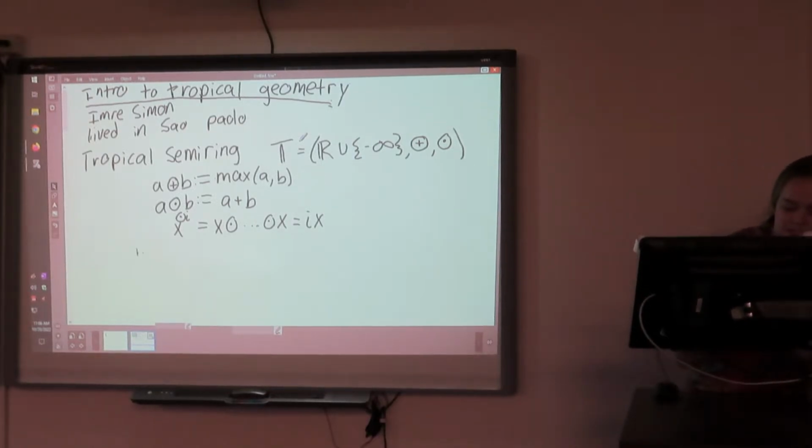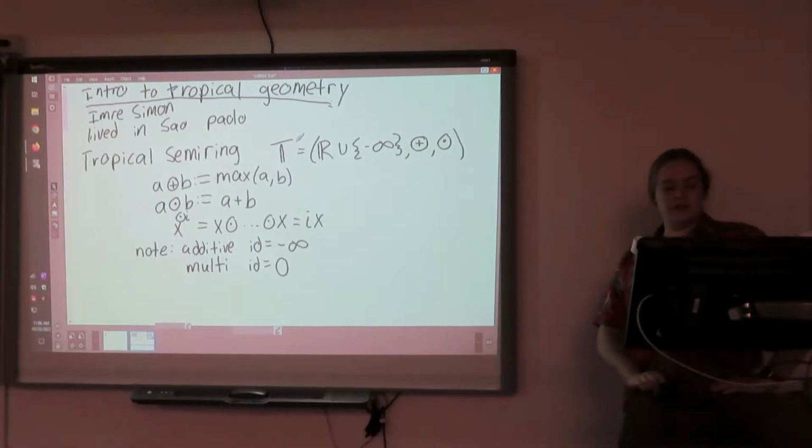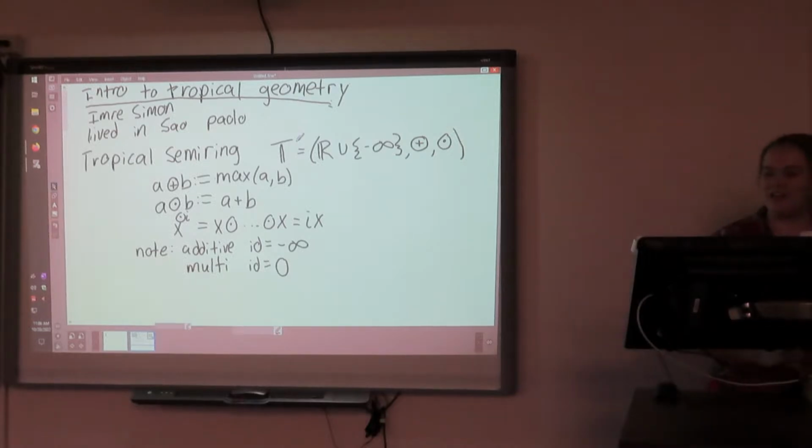One thing to note that makes this unique is that our additive identity is negative infinity, and our multiplicative identity is 0. Yes? So if you were to do them in min, would you then be unioning with positive infinity? Yes. If you come tomorrow, we're going to use min, just to mix things up a little bit.